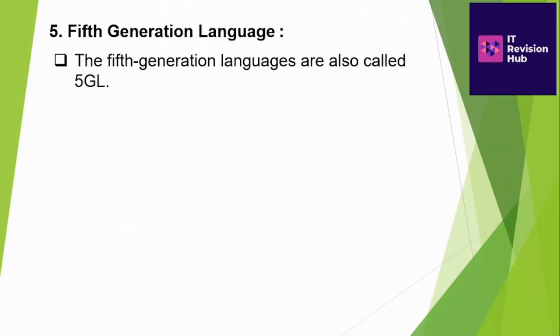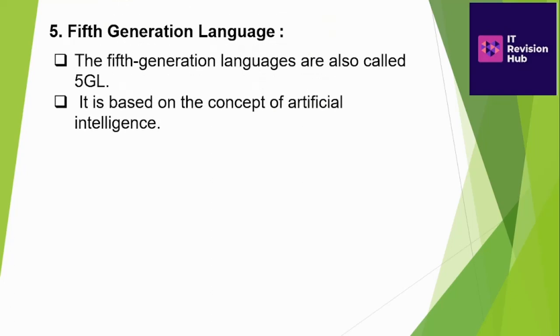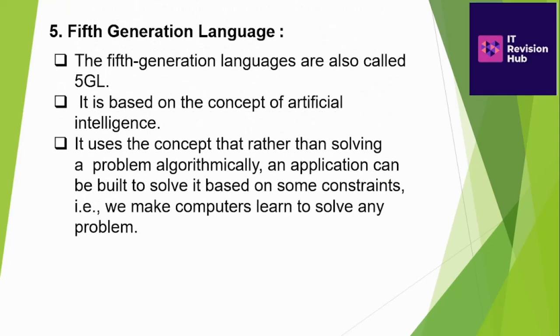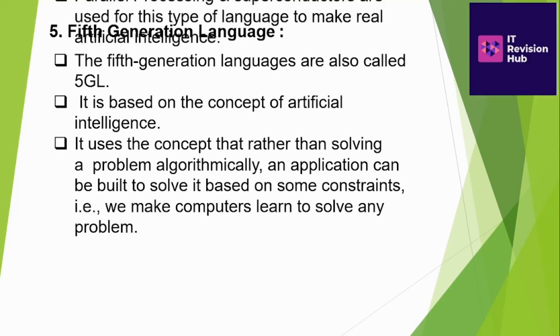Now let's look at the fifth generation languages. Fifth generation languages are also called 5GL. It is based on concepts of artificial intelligence. It uses concepts rather than solving problems algorithmically. An application can be built to solve a problem based on some constraints.